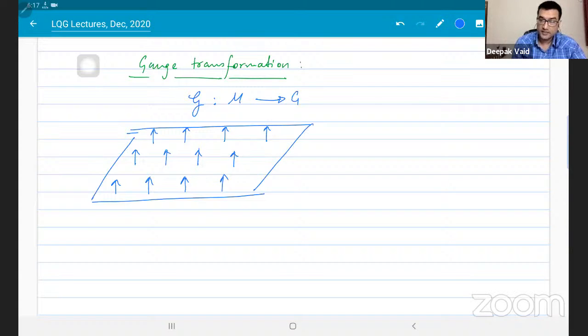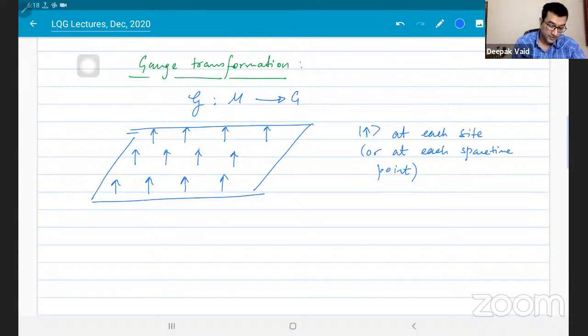On this lattice, at each vertex, you have a spinor, and the spinor is in, let's say, the up state at each site, or at each space-time point. Now, imagine that you apply a gauge transformation to this.